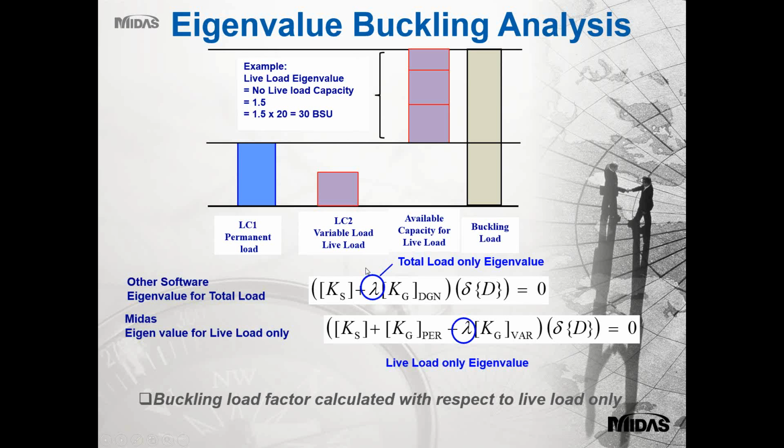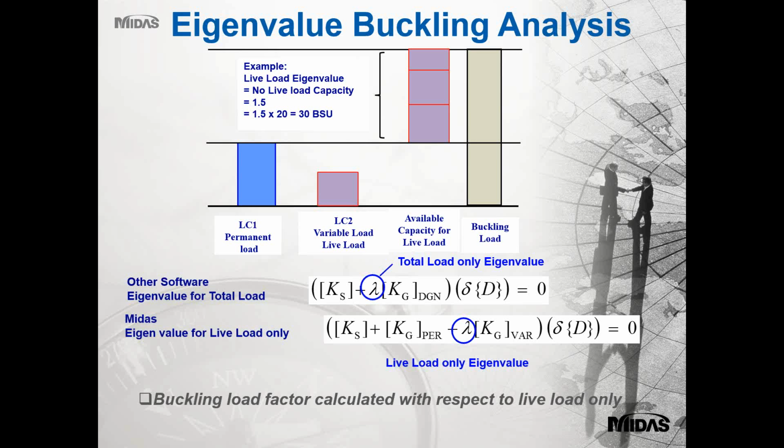Now for the rating, we calculate it as an effect of only the live load. When we are doing the eigenvalue buckling analysis, most finite element software tend to incorporate both permanent and live load effects and give you the buckling factor with respect to both.